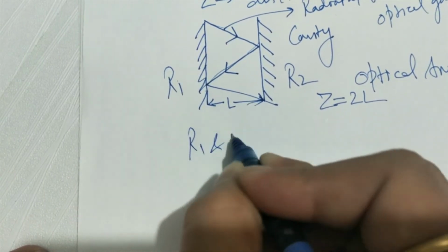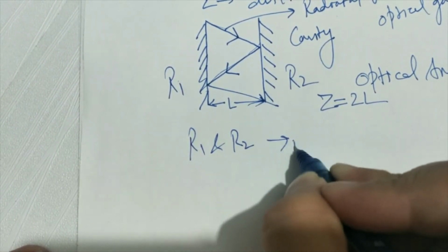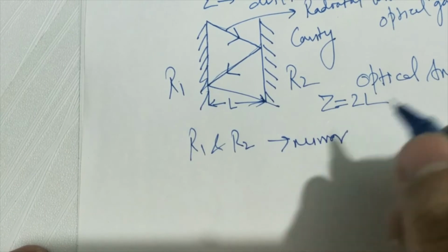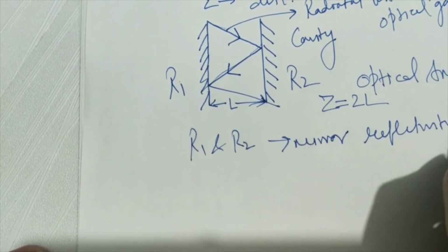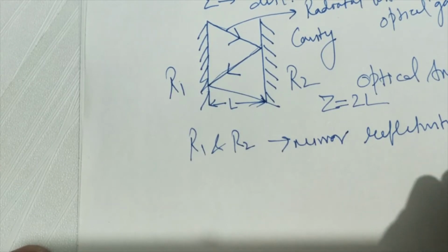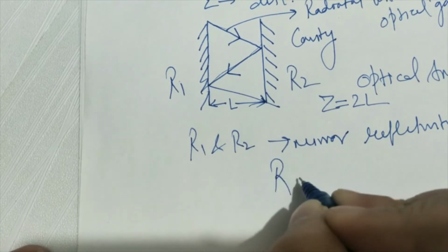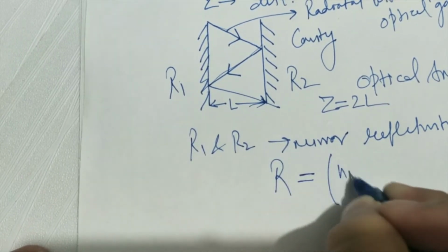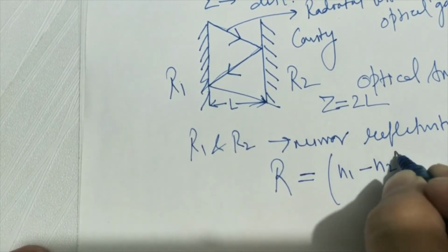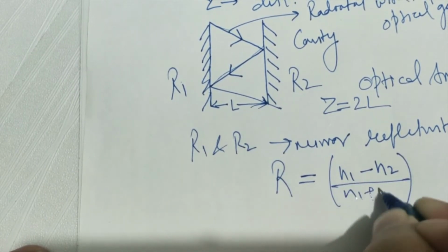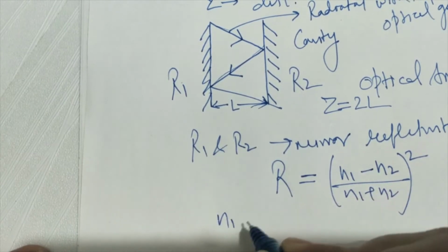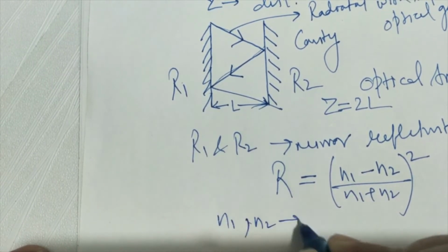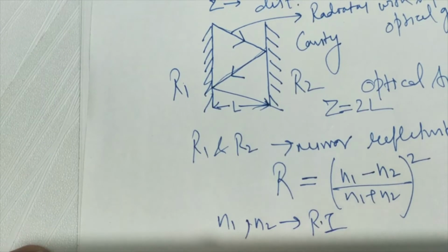R1 and R2 are mirror reflectivities, also known as Fresnel's reflection coefficient. The formula for R is (n1 minus n2) upon (n1 plus n2), whole squared, where n1 and n2 are refractive indices.